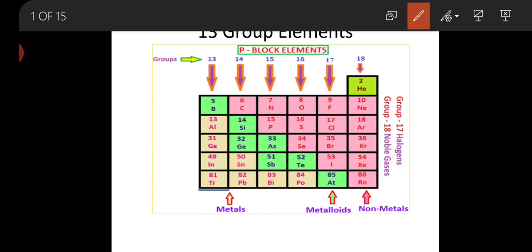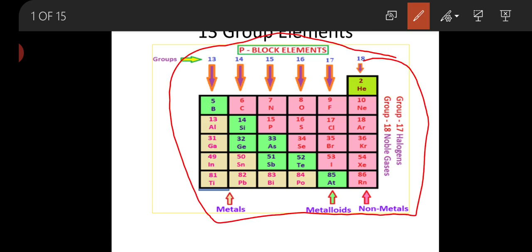You can see here all these elements are included as p block elements, because the last electron enters into the p orbital. So this is known as a p block element.